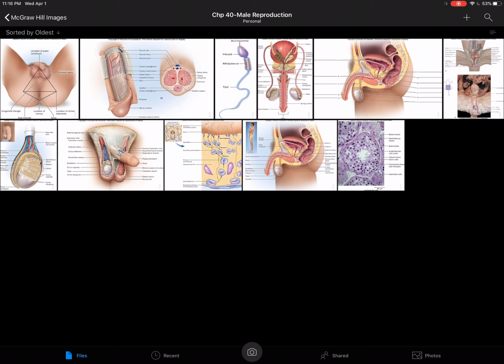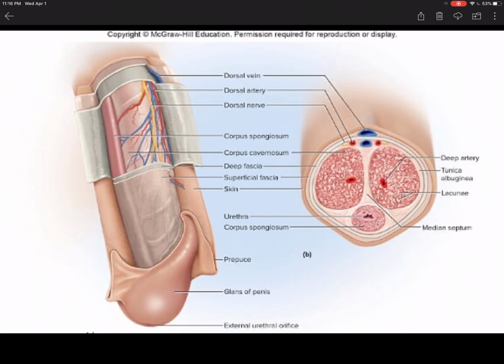So when we look at the male anatomy, this is a picture that I think is a good one to look at because we've got three different regions of erectile tissue. The Visible Body app doesn't show this, and I think this is a good way to see it. We're going to have what we call the corpus cavernosum and the corpus spongiosum.